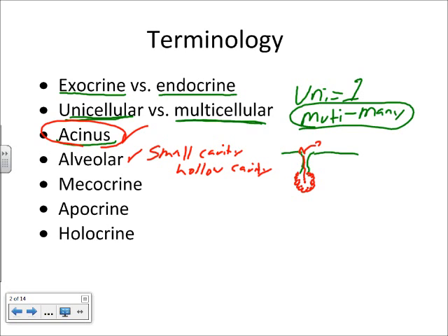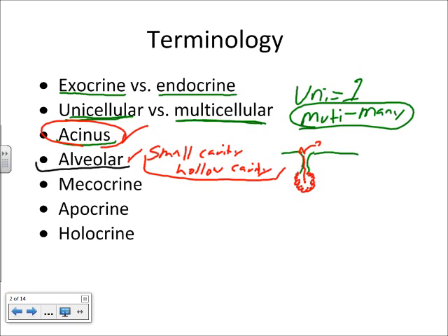Essentially, an alveolus is a small hollow cavity. You're going to see that word a lot when we get to the respiratory system, because the small functional units of the lungs, the alveoli, are important little air sacs where the gas exchange process occurs. You'll see that word again in Anatomy and Physiology Part 2 when you're learning about the physiologic anatomy of the lungs.